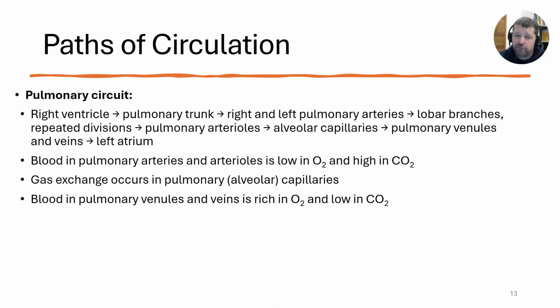But the main two gases that we're interested in: oxygen is low, carbon dioxide is high. Gas exchange happens in the alveolar capillaries, and then blood in the pulmonary veins is rich in oxygen, low in carbon dioxide. It doesn't mean it's devoid of carbon dioxide, or in this case, devoid of oxygen. It just means it's low or rich.